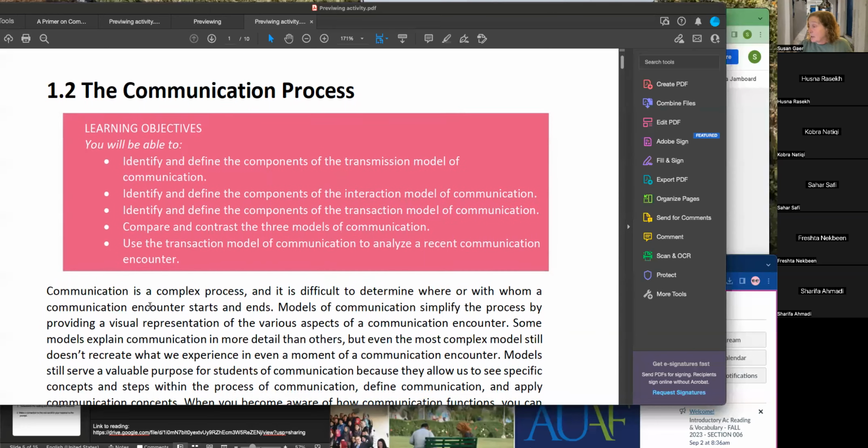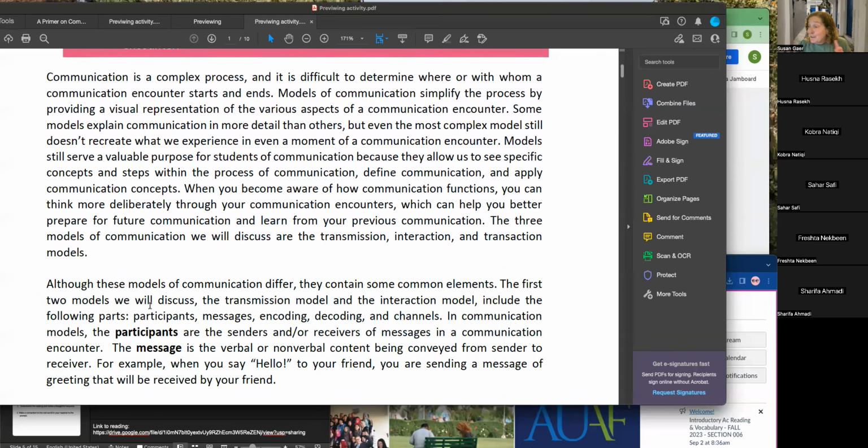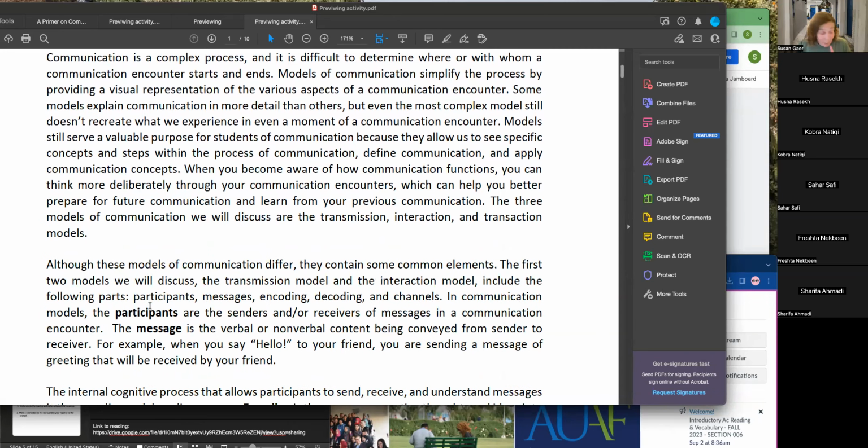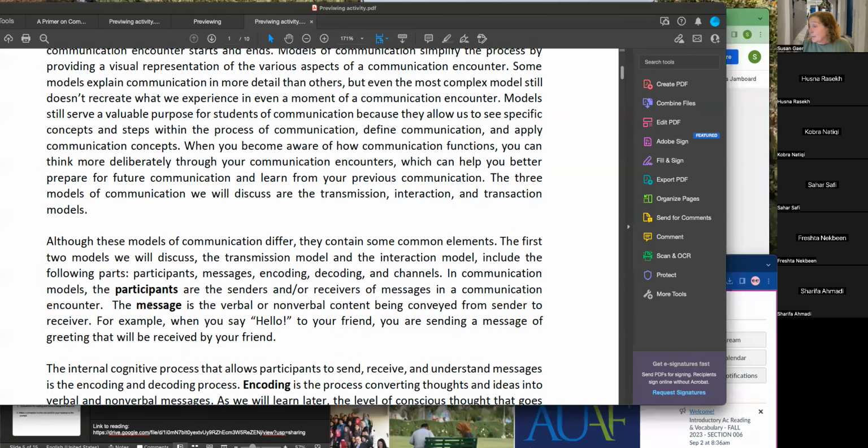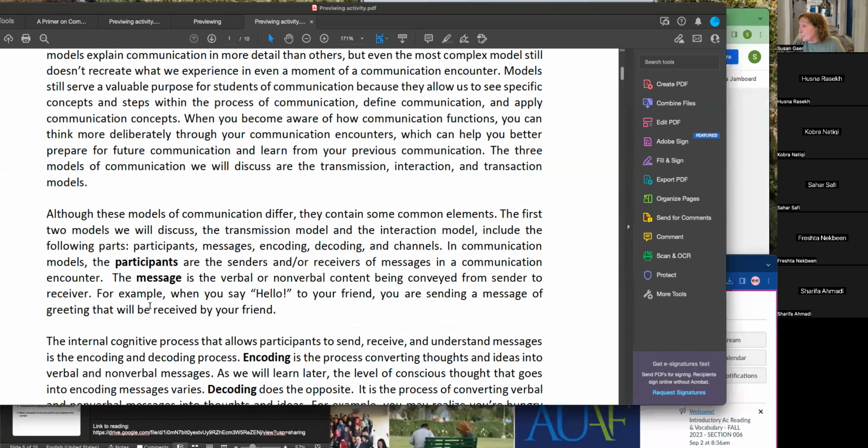Yes, ma'am. So now, usually the key vocabulary words are in bold. Let's see if you can tell me what words are in bold.